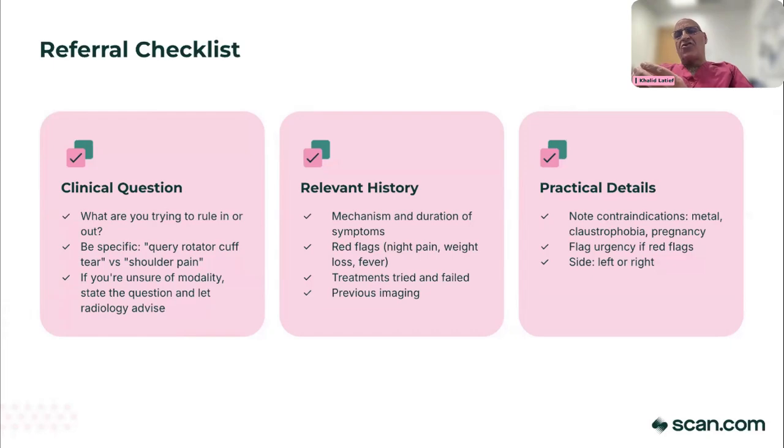Those are red flags that you really shouldn't wait too long for, including with spinal imaging, where there's bladder and bowel dysfunction occurring as well. They shouldn't wait. And for those sorts of patients, I think they should go straight to A&E, actually.